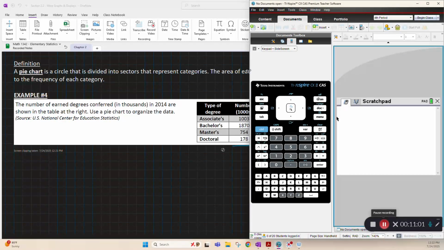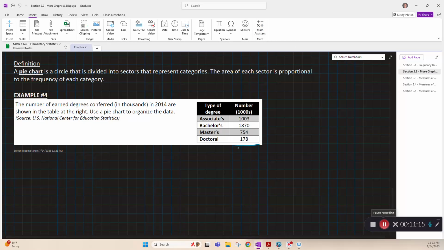There we go. So 3 plus 1870 plus 754 plus 178. So there are 3805. That's our total. Okay, this is our total frequency.